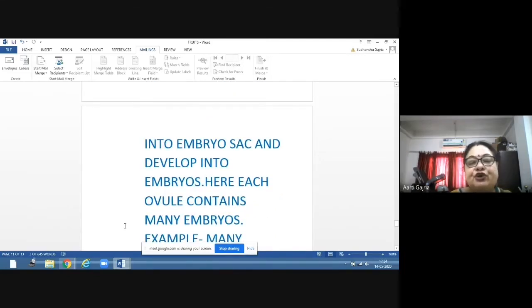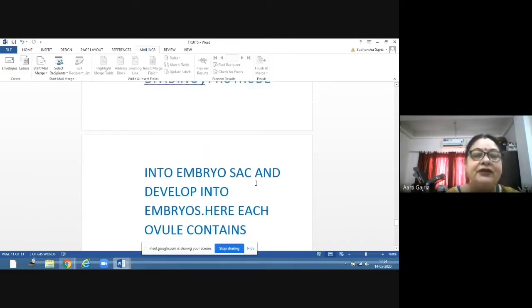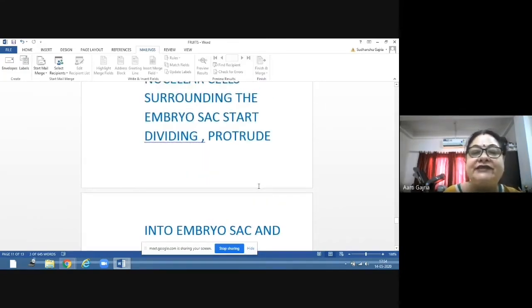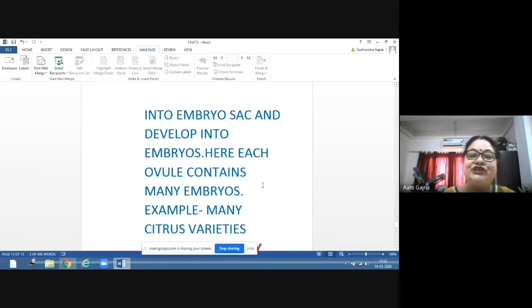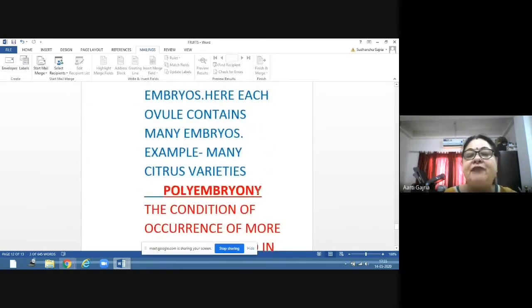Here, each ovule contains many embryos. This condition is called polyembryony.